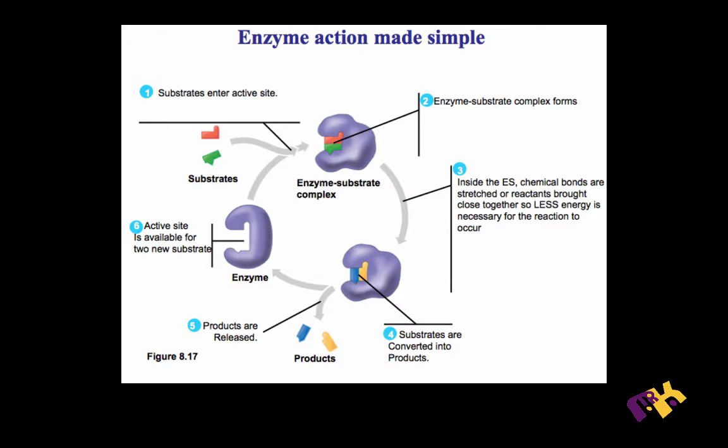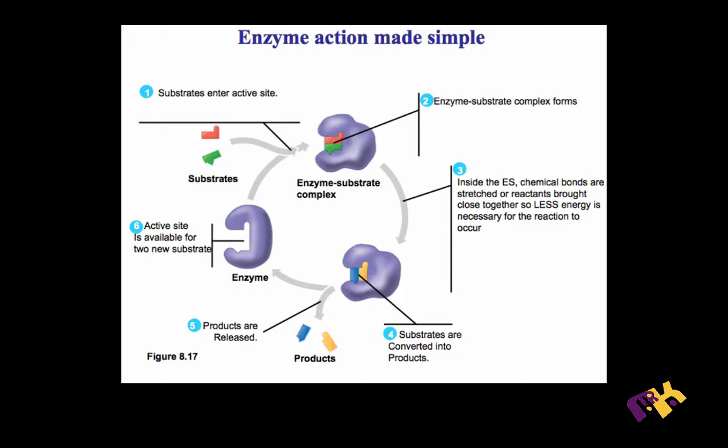Step 3, now that we're inside that enzyme-substrate complex, if we're trying to break chemical bonds apart, it's going to start tugging on those bonds to try to separate what's there. If we're trying to build things and put things together, it's going to try to shove them closer together. And that's going to require less energy to do the next step and actually have the reaction occur.